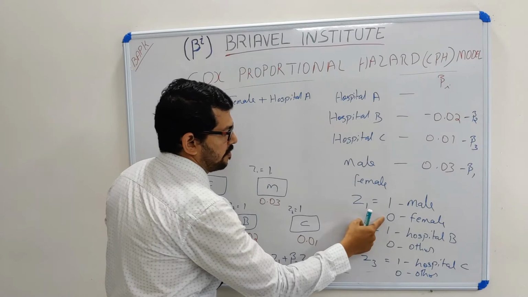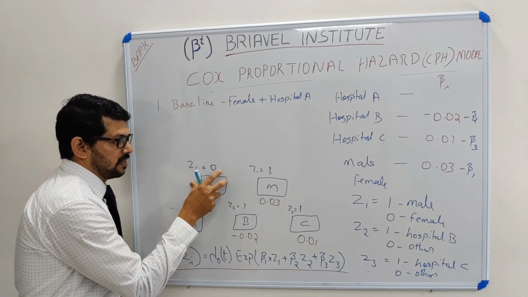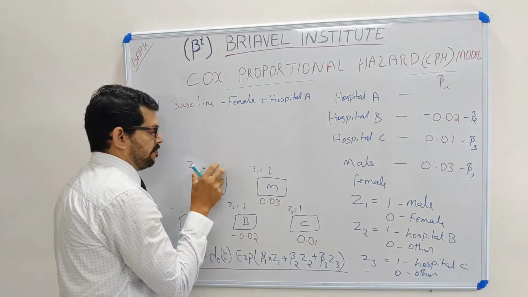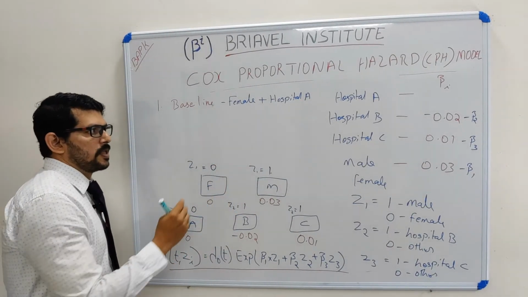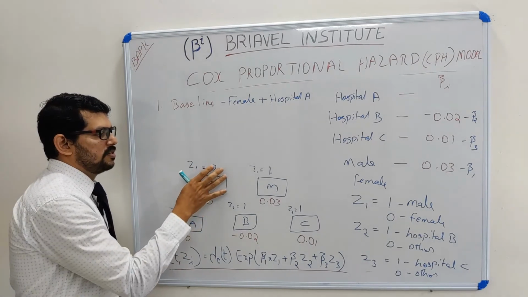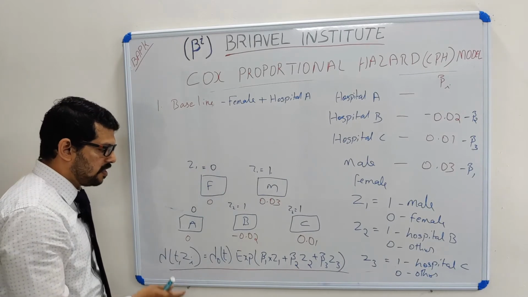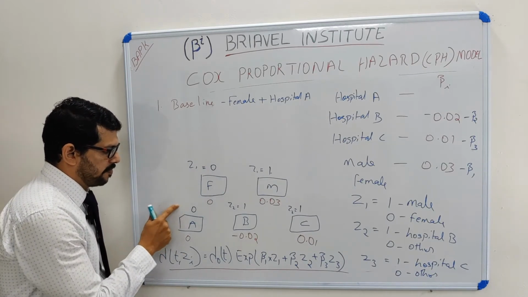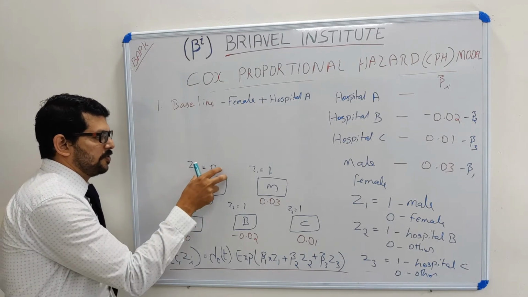Female, this Z1 is equal to 0, so no covariates for female. That means this female factor is not affecting the hazard rate. This is 0. Z1 is equal to 0. In hospital A, this covariate is equal to 0.